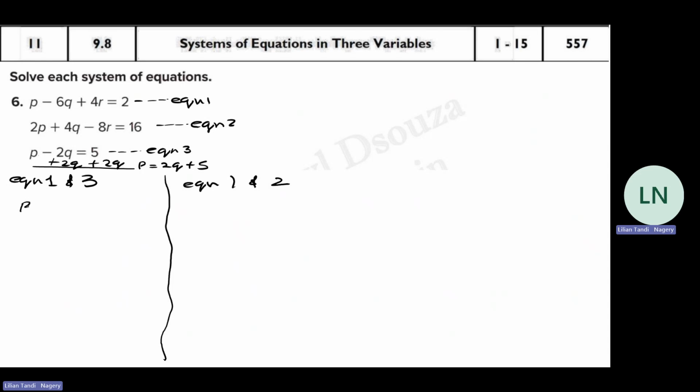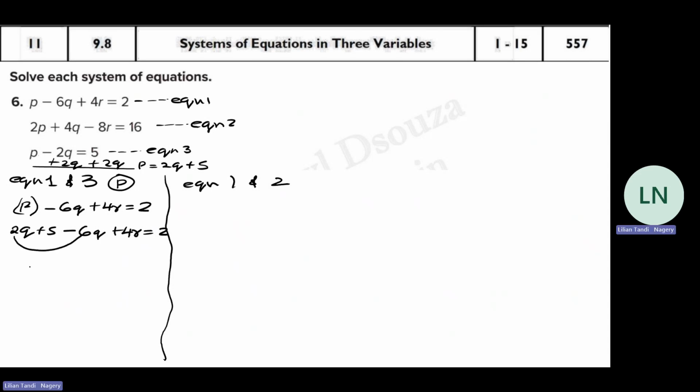So I have P, which now I know, minus 6q plus 4r equals to 2. So 2q plus 5. So I'm eliminating P. 2q plus 5 minus 6q plus 4r equals to 2.